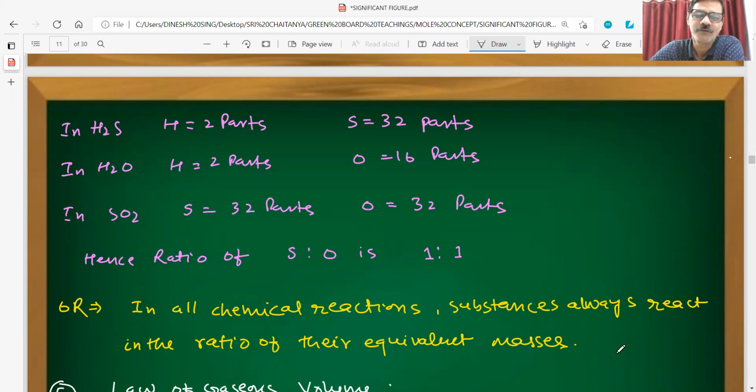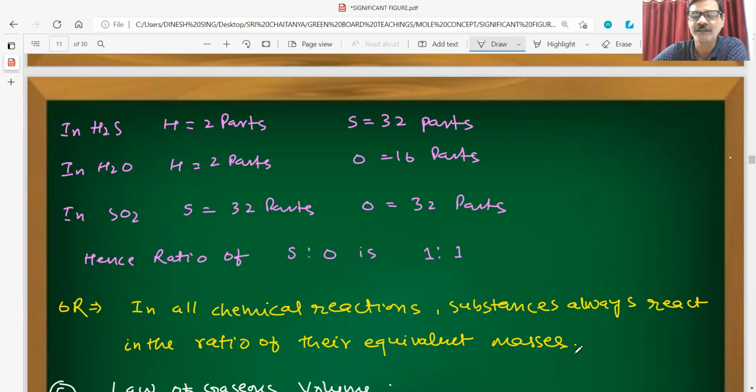So whatever mass of compound A we are considering, divided by its equivalent mass, will equal the mass of compound B divided by the equivalent mass of B. Equivalent mass is the new word here that we will discuss again in detail, that is the equivalent weights, gram equivalents and law of equivalence.